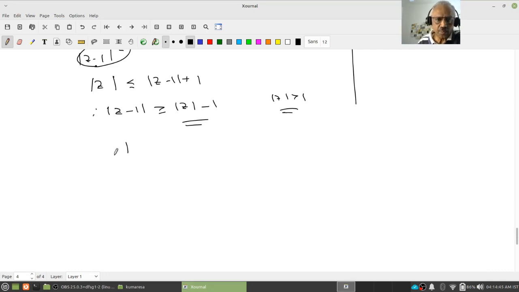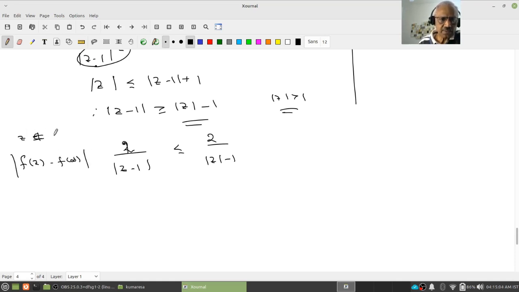Okay, therefore 2 upon mod z minus 1 is less than or equal to 2 upon mod z minus 1. Okay, this is your mod of f of z minus f of infinity for z not equal to infinity, right? And z not equal to 1 also, of course.